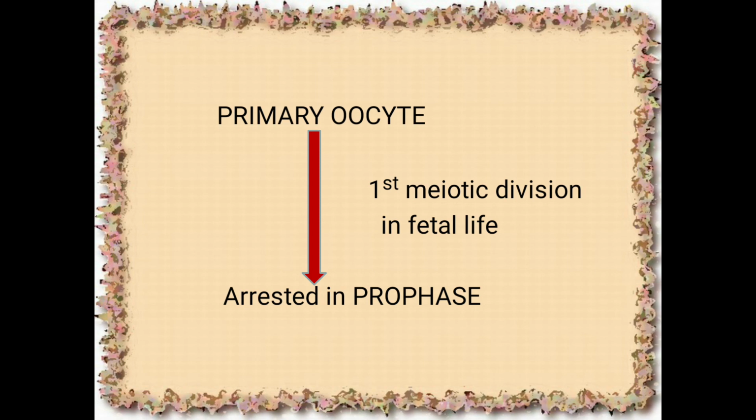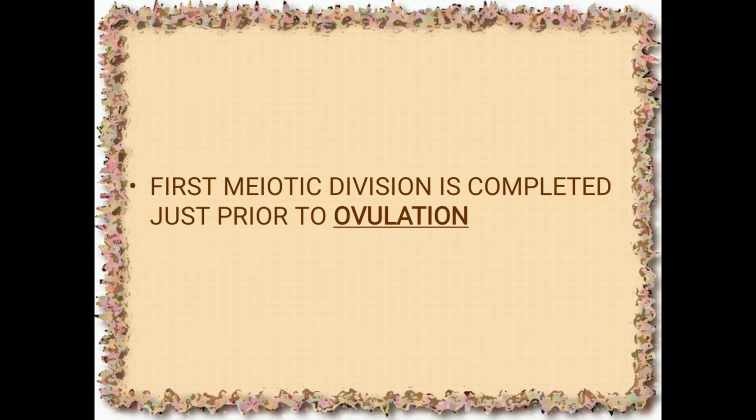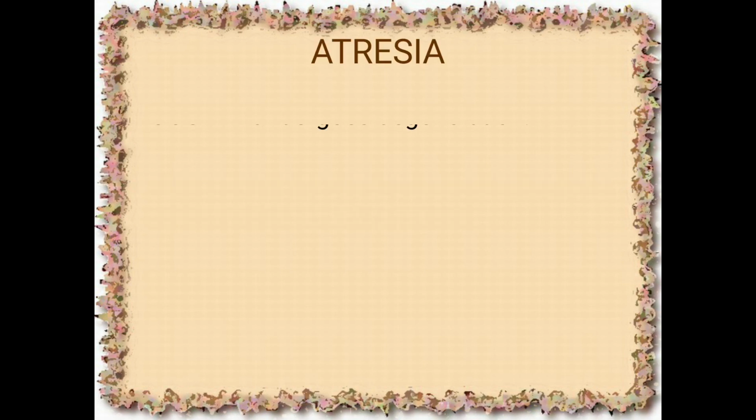It is not completed in fetal life, not even till puberty, but is completed just prior to ovulation. Which one? The first meiotic division.